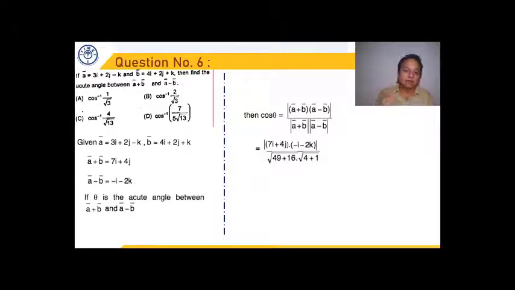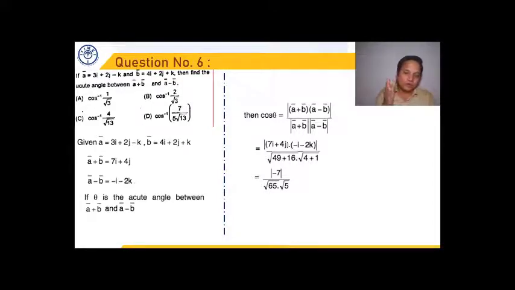In the numerator we have to multiply. 7 multiplied by minus 1 is minus 7, plus 4 multiplied by 0, because the coefficient of j is 0 in the second vector, plus 0 multiplied by minus 2, since the coefficient of k in the first vector is 0. So we get minus 7 in the modulus sign, and the denominator is root 65 and root 5.